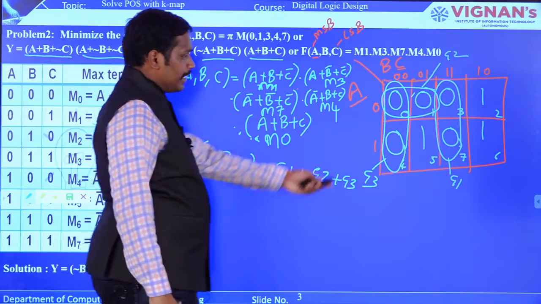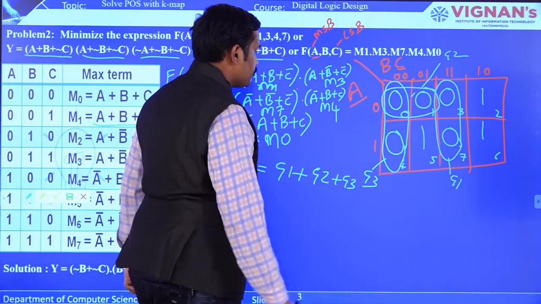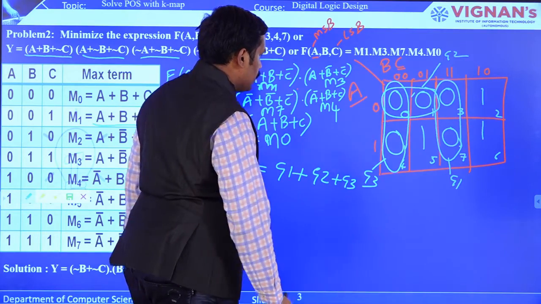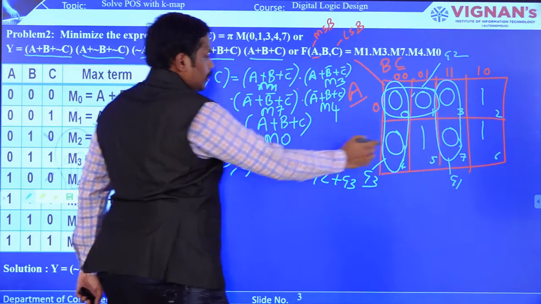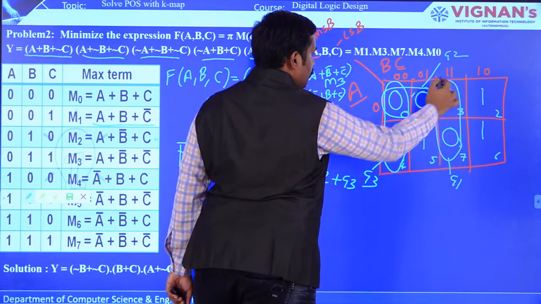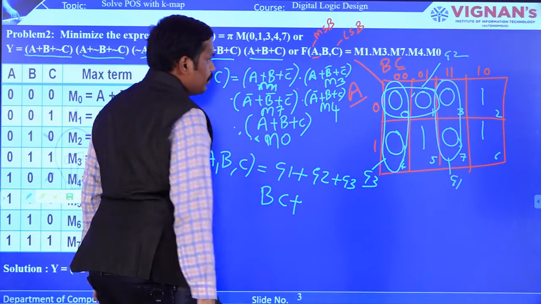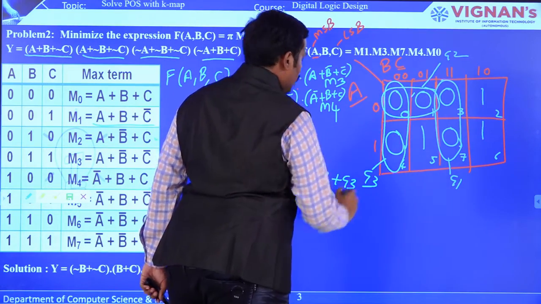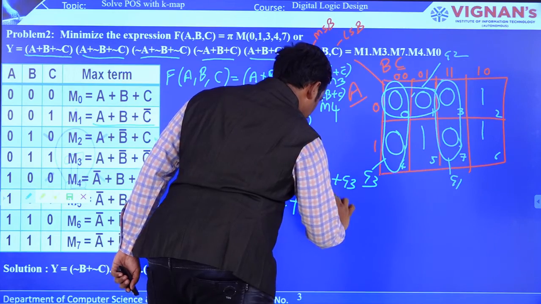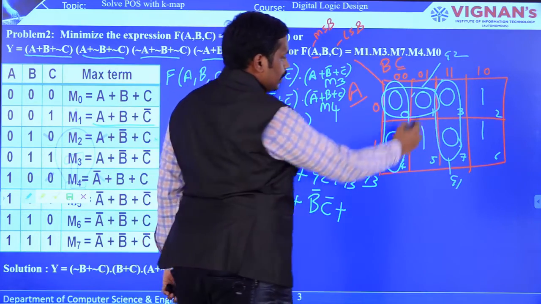So how are you going to get an expression, that is a term for g1? Since these 2 particular zeros have the commonality BC, we will write this as BC plus, these 2 are having B bar, C bar, and then plus, how you are going to generate G3, that is the group 3.